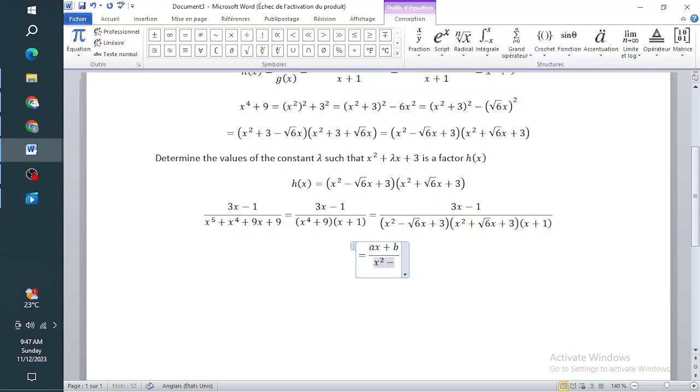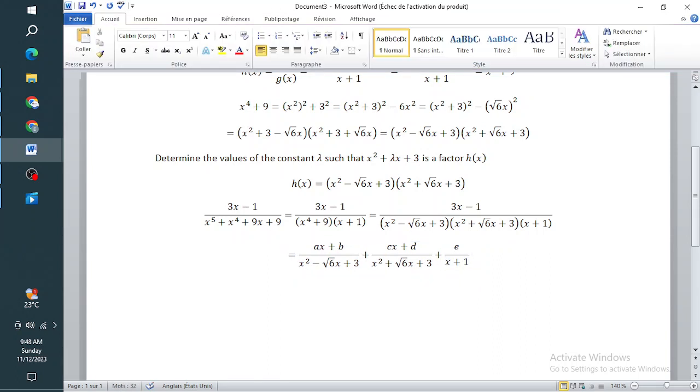So x squared minus the square root of 6x plus 3, then plus cx plus d, since the quadratic is irreducible, x squared plus the square root of 6x plus 3, and finally we have a constant term, so the numerator has to be linear. That is the form, and then you look for the LCM, you create your equations and solve.